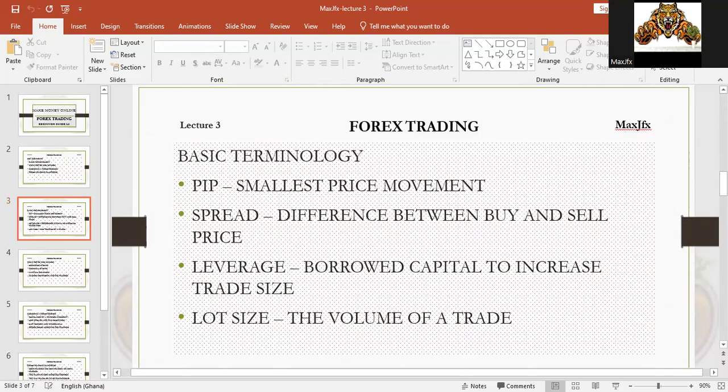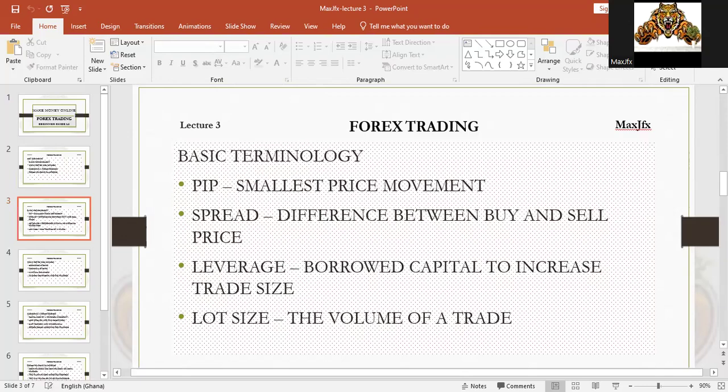Okay, and then the leverage. Leverage is borrowed capital to increase trade size. In our previous lecture, I think we talked about leverage, and we said leverage is just the opportunity to buy more volume of currency pairs that in actual sense you won't be able to buy.